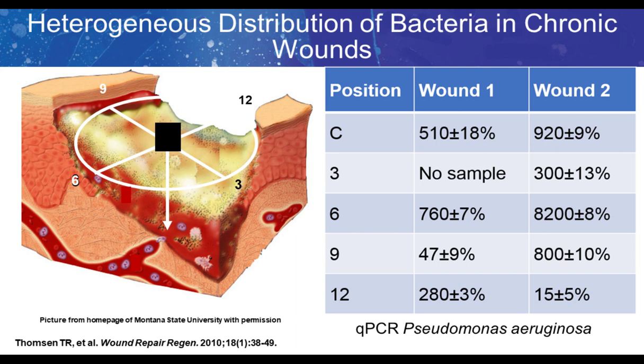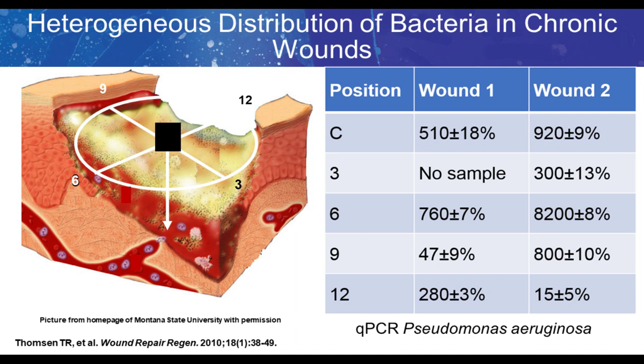And to demonstrate this, again, personnel, Dr. Thompson from Dr. Joan Holt's laboratory, took biopsies at the 4 major clock hours, as well as in the center of chronic wounds, and measured the level of bacteria, including biofilm bacteria.